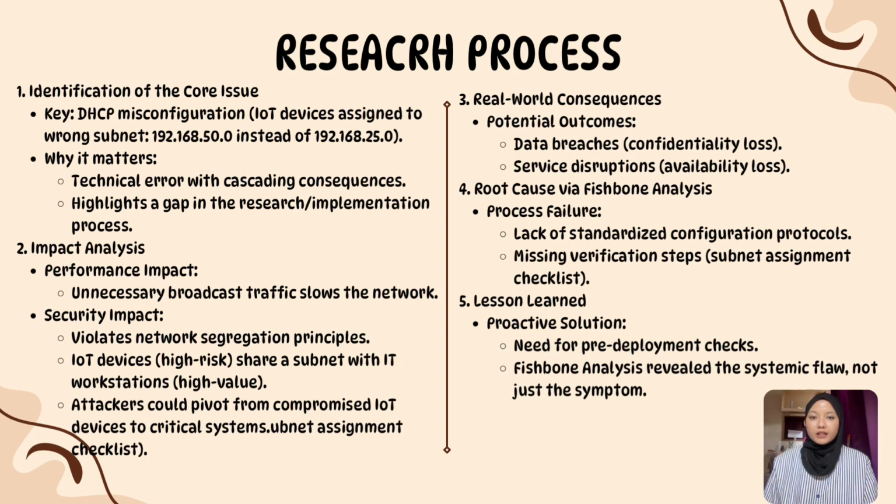This means if an attacker compromised a smart light bulb, they could potentially pivot directly to sensitive IT systems. In a real-world office scenario, this oversight could lead to severe consequences like data breaches or service disruptions.